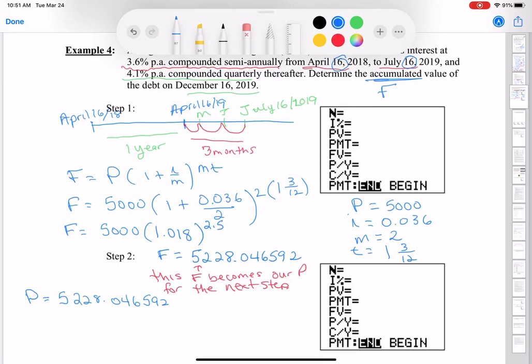So we're going from July 16th, where we ended, 2019, to December 16th, 2019. That's our time duration. Our new interest rate for the second step is 4.1%, and we are compounding quarterly.